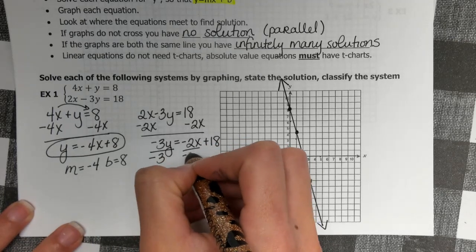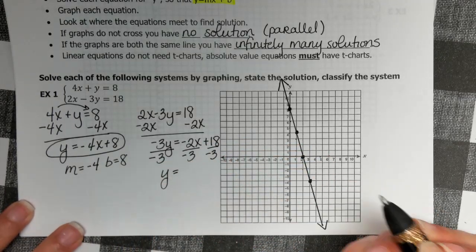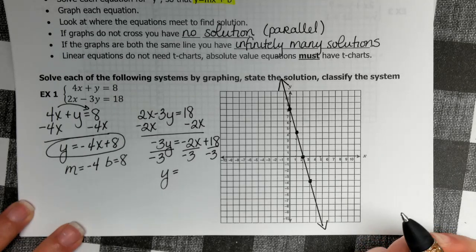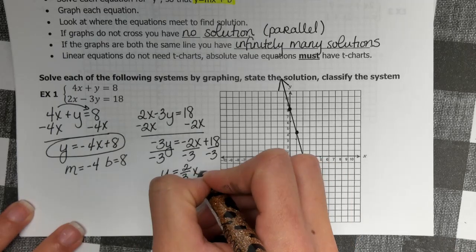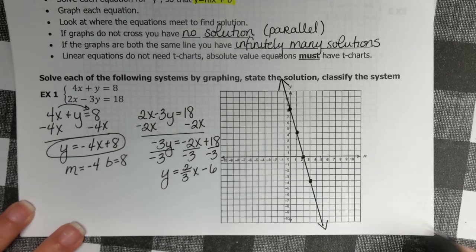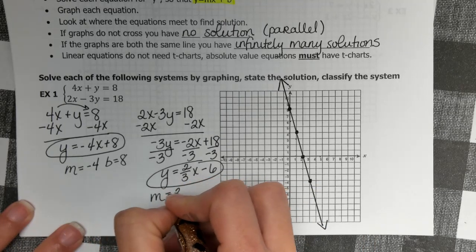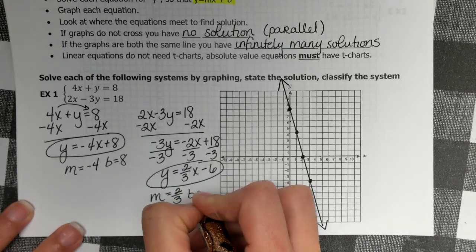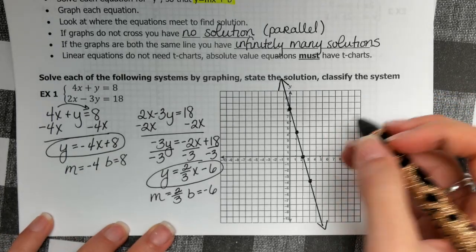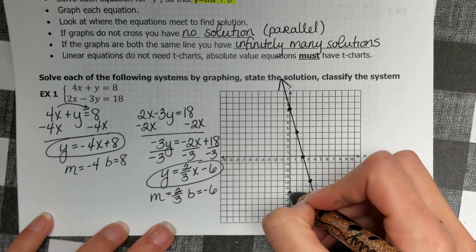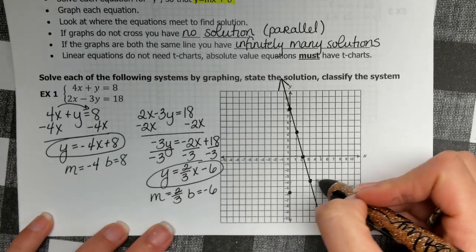Divide each term by negative 3. So y equals negative 2 divided by negative 3 simplifies to what? Positive 2/3 x. Then I have minus 6. So my slope is 2/3, and my y-intercept is negative 6. So from negative 6, I'm going to go up 2 to the right 3.